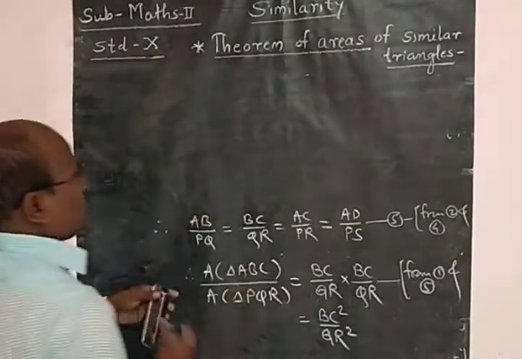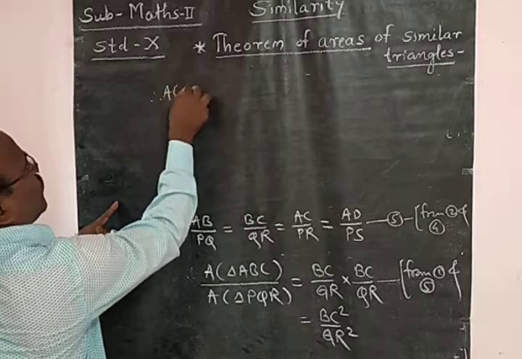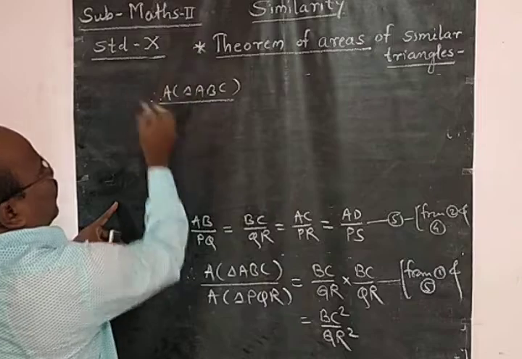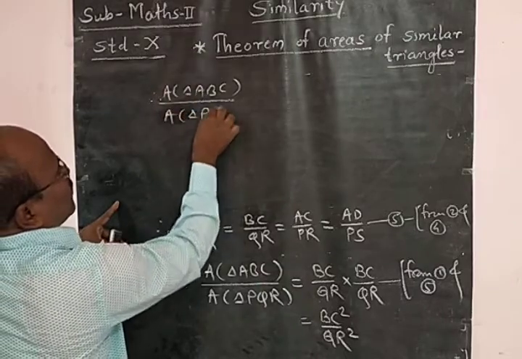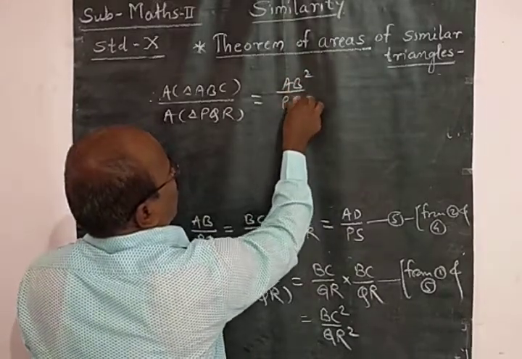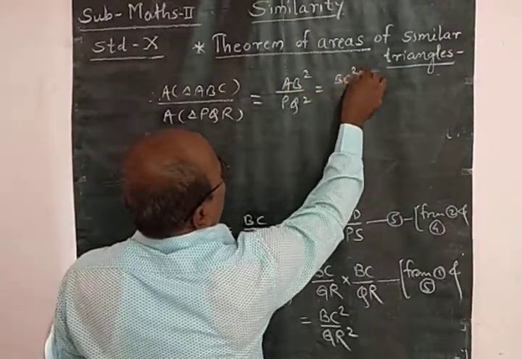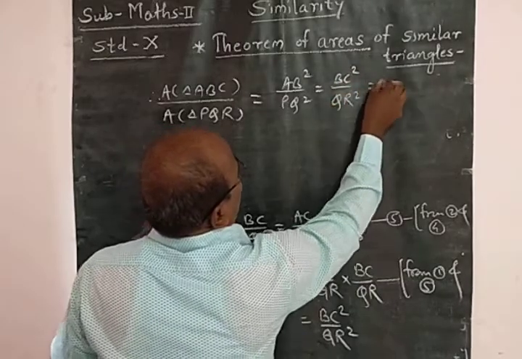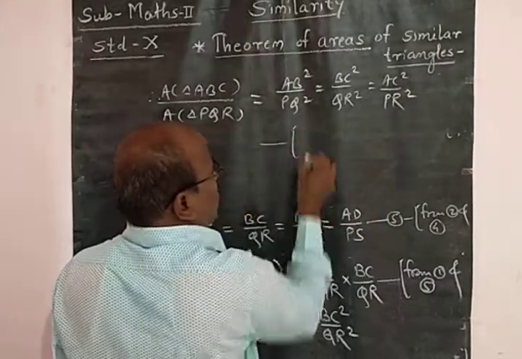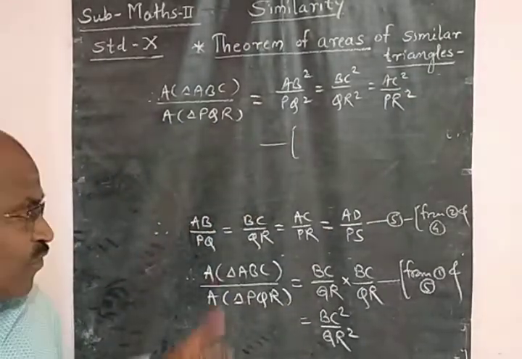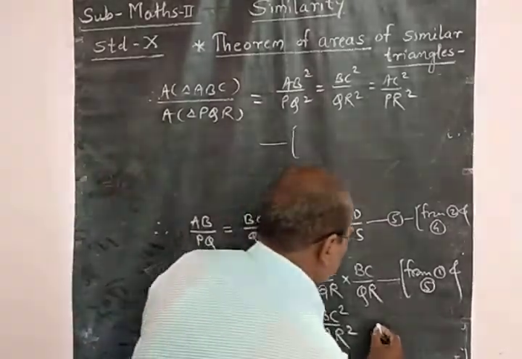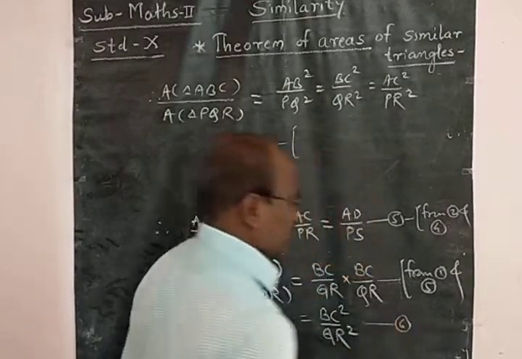Therefore, area of triangle ABC upon area of triangle PQR is equal to AB square upon PQ square is equal to BC square upon QR square is equal to AC square upon PR square. Say this as statement 6.